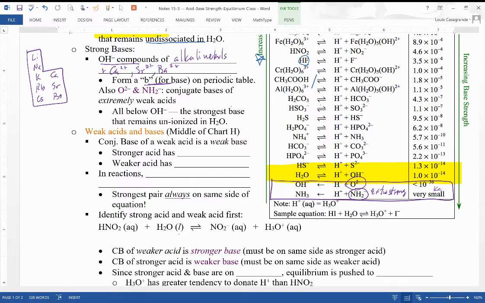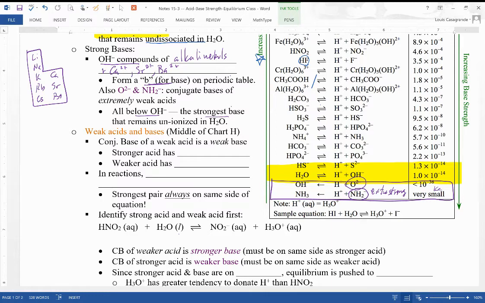In fact, in these cases, the reaction is going to be completely to the left. So those guys are below OH minus, and OH minus is the strongest base that remains unionized in solution. Otherwise, the O2 minus is going to form hydroxide, and NH2 minus is going to form ammonia.